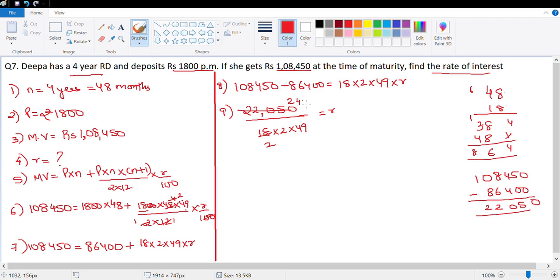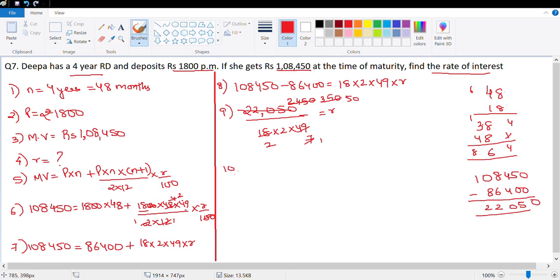That's 45. 9 into 5, 45 with a 0. Let's see if I can divide this by 7. 7 into 7, 49. 7 into 3, 21. That's 35. So 7 into 5, 35 with a 0. That's 7, 1. This is 750.